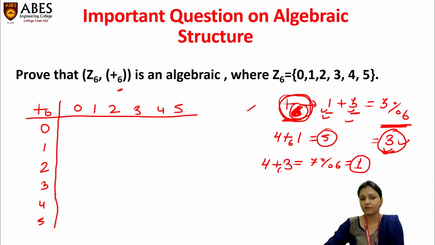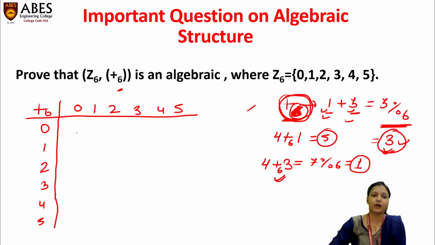So this is the way the addition modulo operator works. Now we will complete our closure table. This is known as a closure table, just to check whether this structure follows the closure property or not. First of all, we take these two elements.